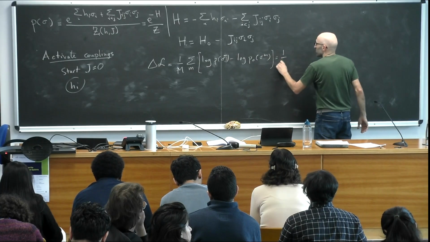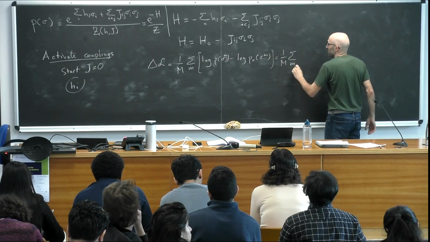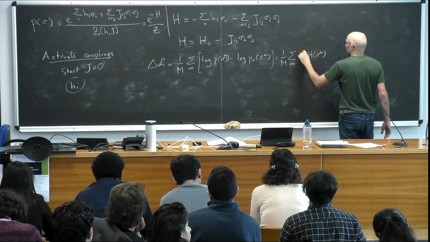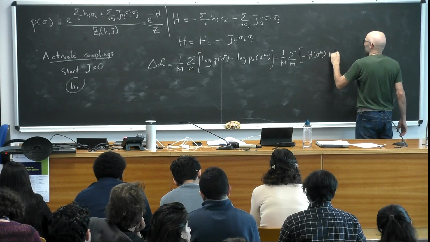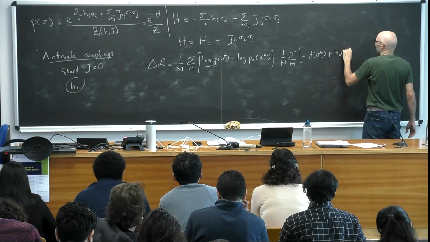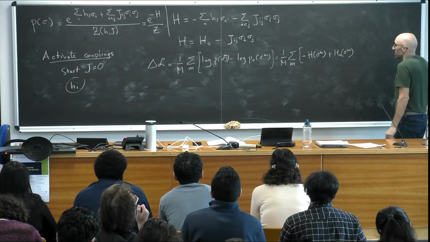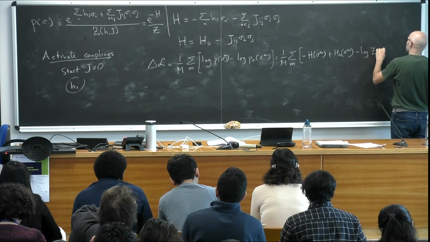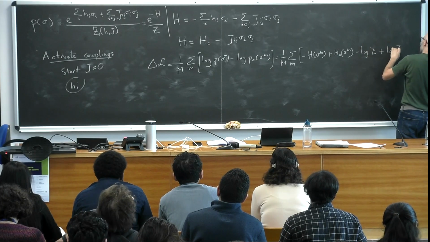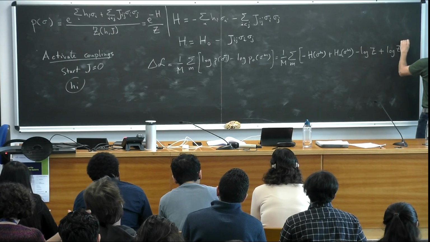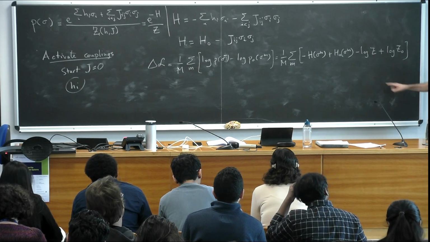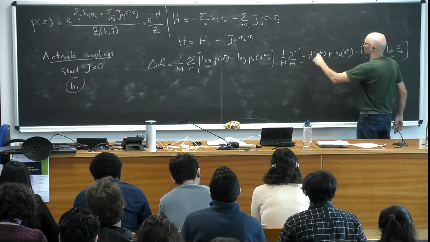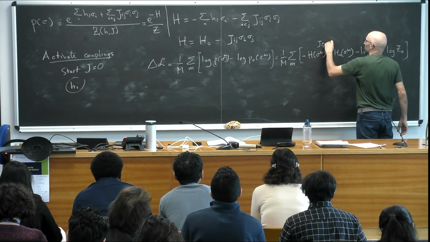This is 1 over M times the sum over m of minus H of sigma m plus H0 of sigma m, minus log Z plus log Z0. Okay? Now, the difference H0 minus H is simply j_ij sigma_i sigma_j.